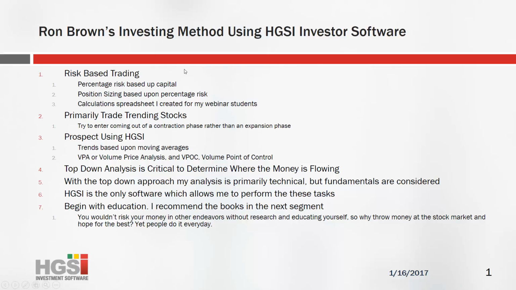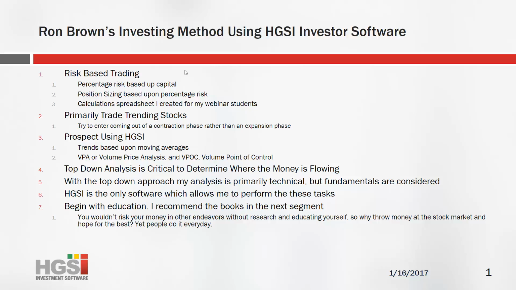Now, these are a few things that I want to discuss. As I said a few seconds ago, my approach is about risk-based trading. I also mentioned that in the past I would really pay little attention to this. I would just buy a flat number of shares, not have a stop in place, and just assume that everything would work out.